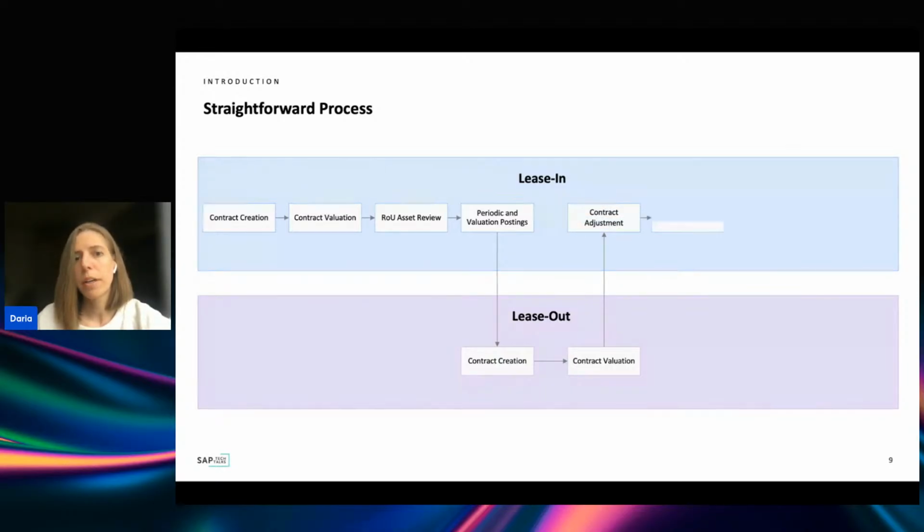We will perform revaluation, because we need to use such adjustments to correct the right of use asset value. We will take a look at our right of use asset. You will see how the values are changed. And as a last step, we will perform postings for both contracts for this second period. So this is our plan. And I believe that now we are ready for the demonstration in the system.